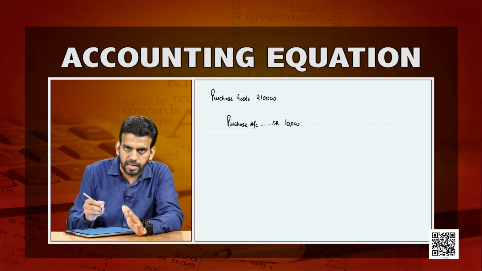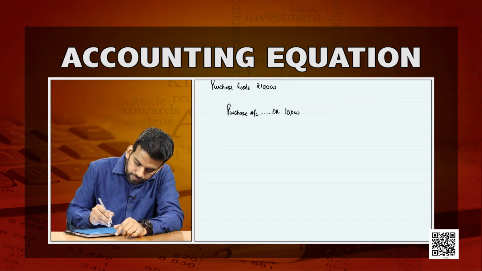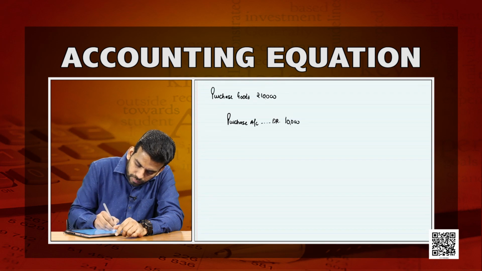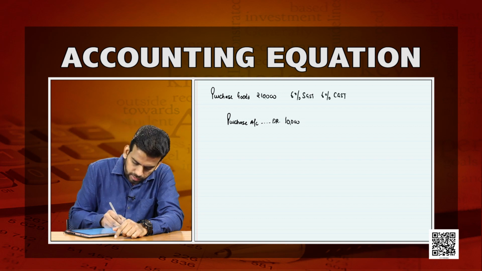If I am buying goods, that means it attracts GST. 6% SGST, 6% CGST, right? So, make a rule in your mind: when purchase account is debited, GST is also debited. Clear?